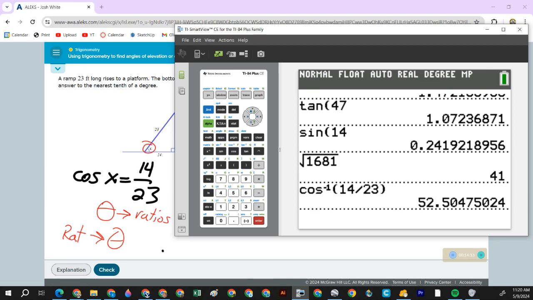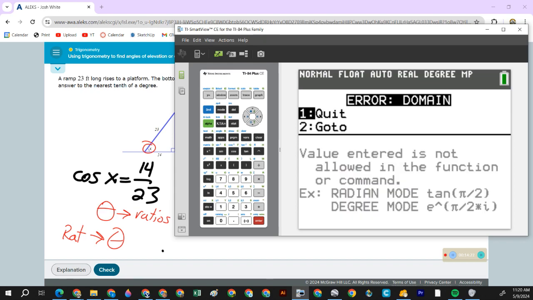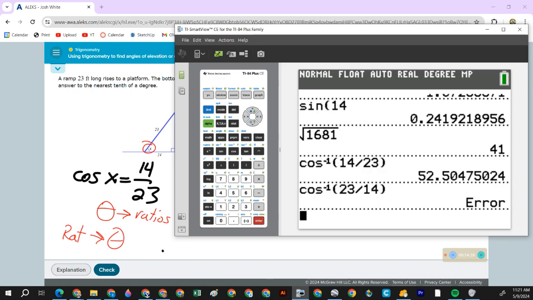And one cool thing about sines and cosines, if you do it backwards, you run into a problem. So if I accidentally do 23 over 14, it gives me error. Why is that? Why can the ratio not be 23 over 14?